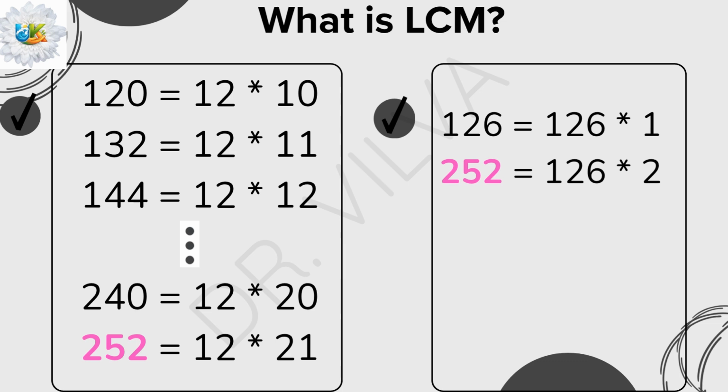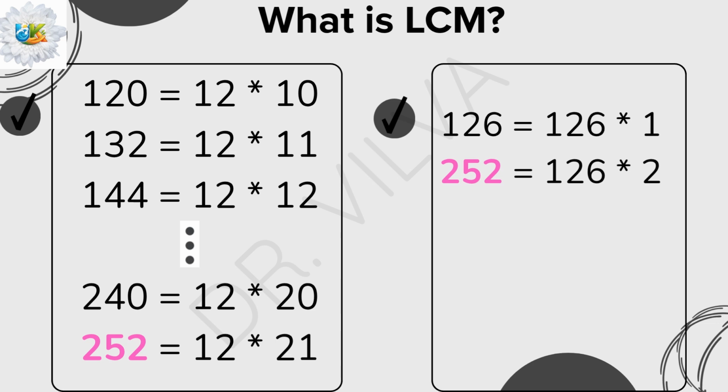If you look at the multiples of 12, 12 times 1 is 12, 12 times 2 is 24, and it goes on, we will get 120, which is 12 times 10, 132, which is 12 times 11, etc. And eventually 252 appears when 12 is multiplied with 21.